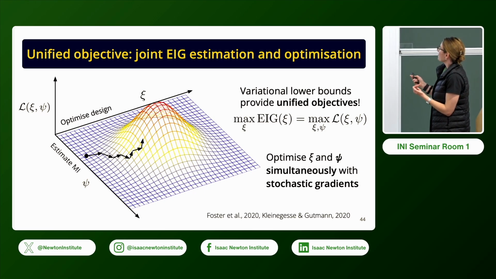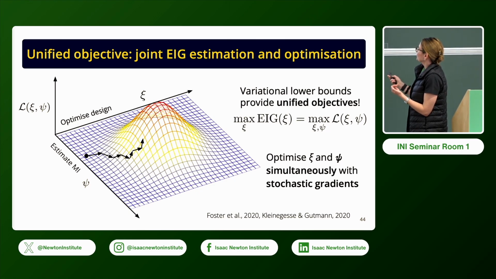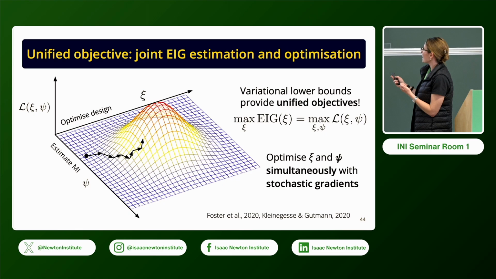So we're going to have our lower bound objective. We're going to view it as a function of our design and the parameters of our variational family, and then do a stochastic gradient scheme on that loss, or on that objective function, right?